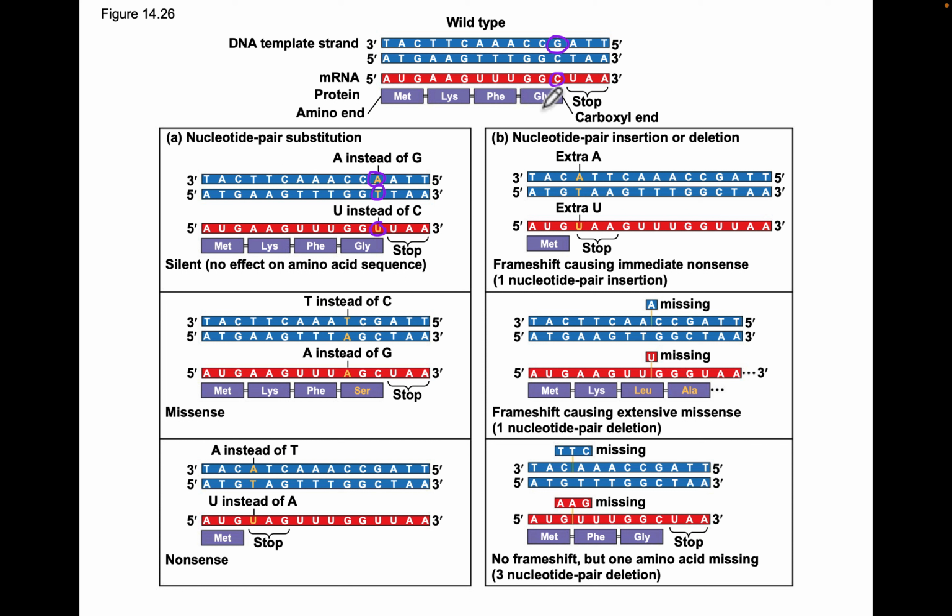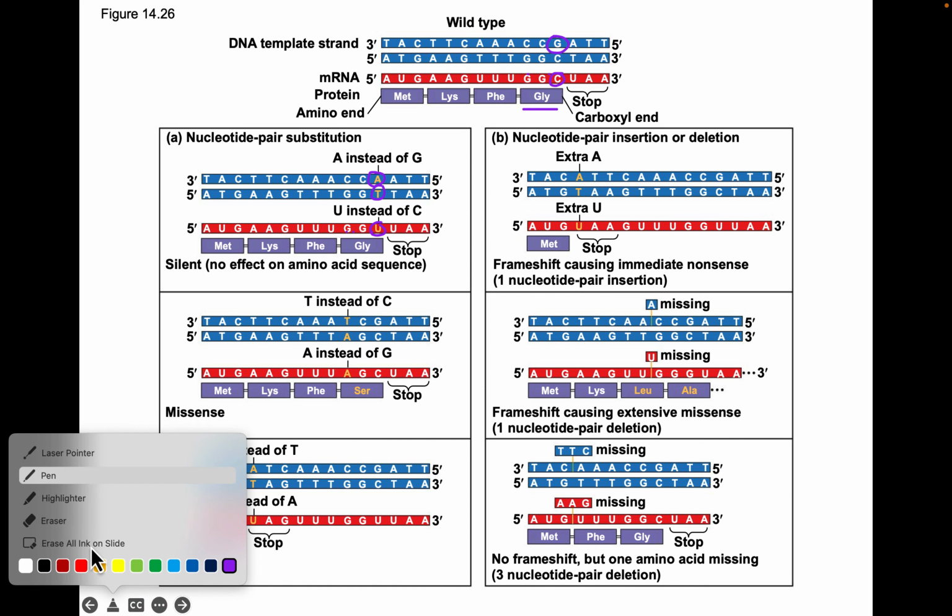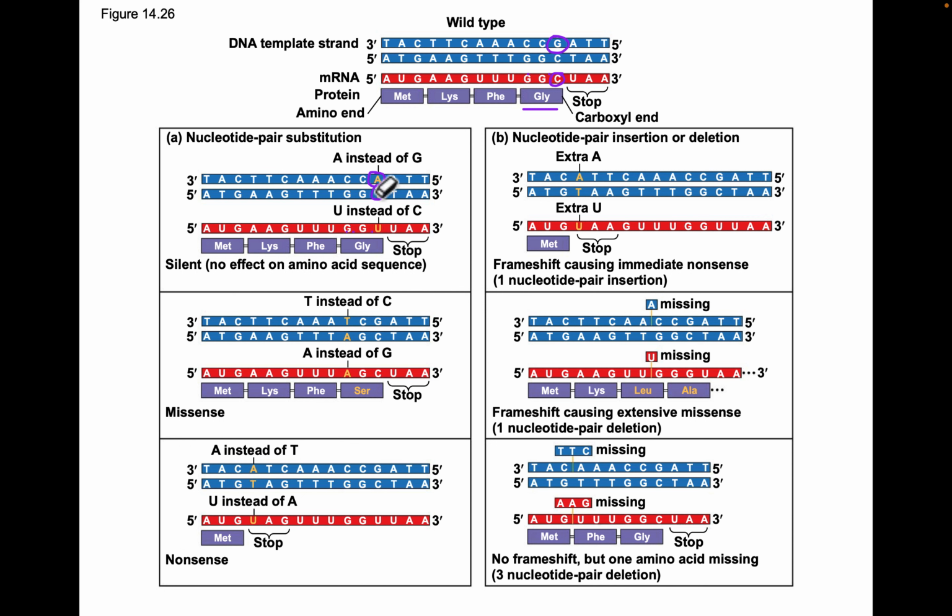And then in translation, GGC and GGU both code for glycine. So this is a silent mutation where there is no actual effect on the final protein product. There's no effect on that polypeptide because of that wobble idea and the fact that you have redundancy.